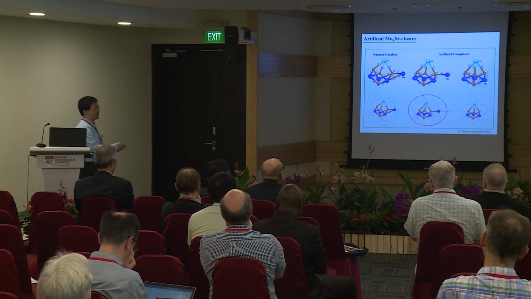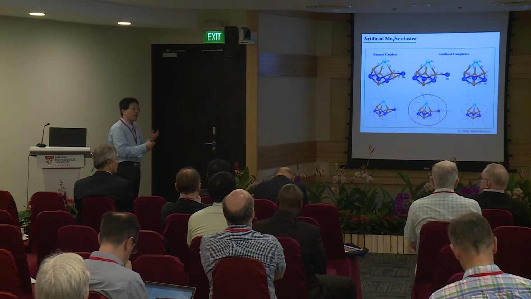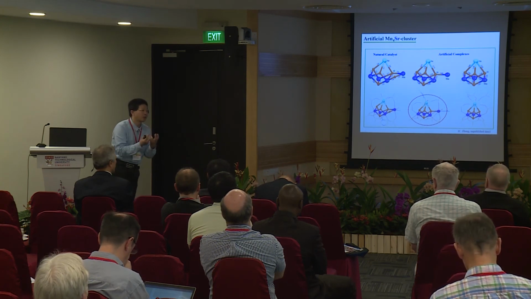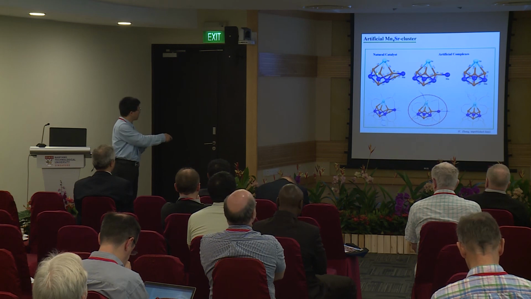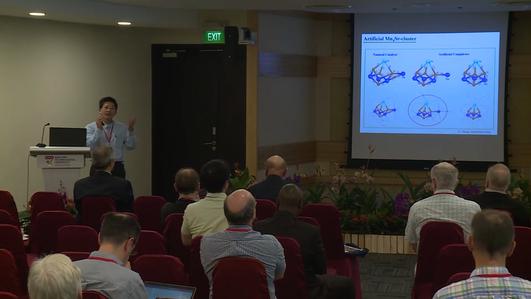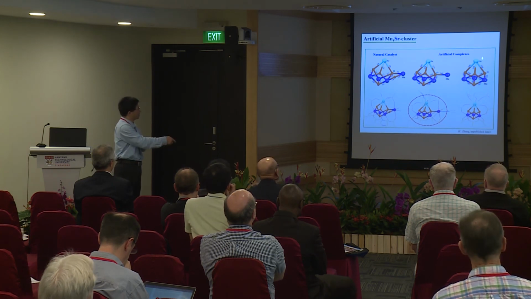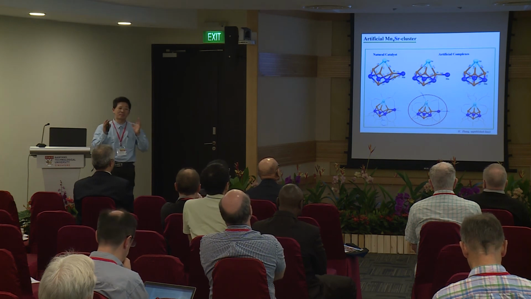The oxidation state is 3344. But I would like to point out, in the crystal structure of PS2, there should be some radiation reduction, so the oxidation state is not clear, but in our model complex it is very clear. At the same time, we can make this cubane, 3 manganese with 1 strontium, so that makes things much easier to study.